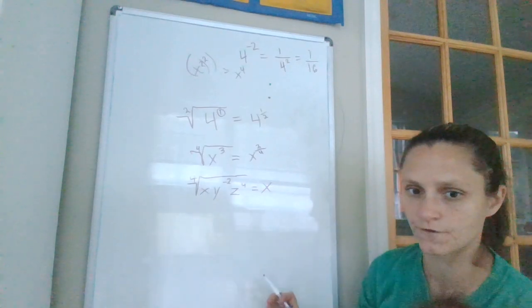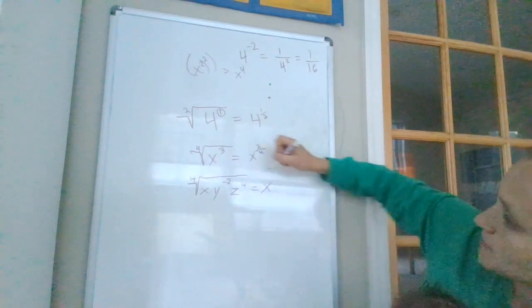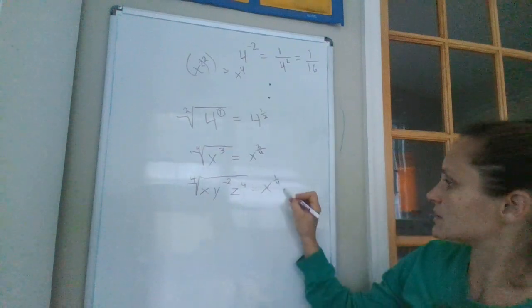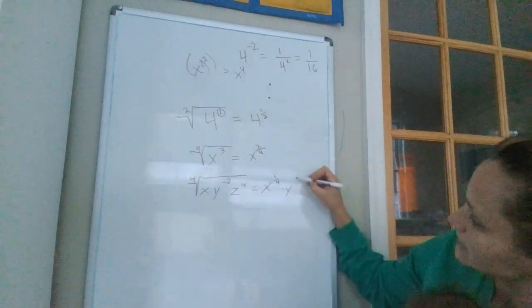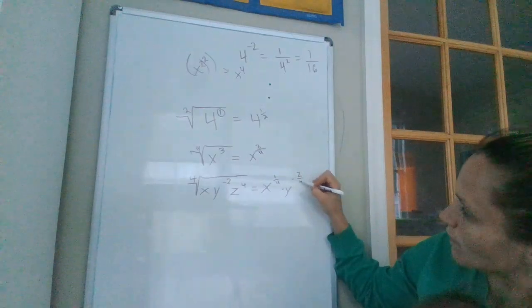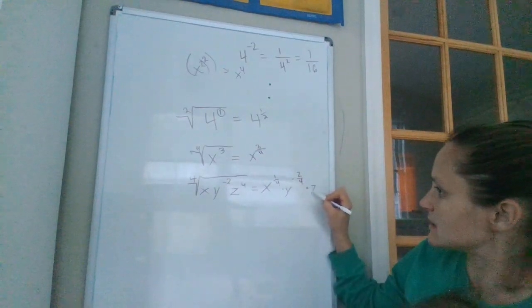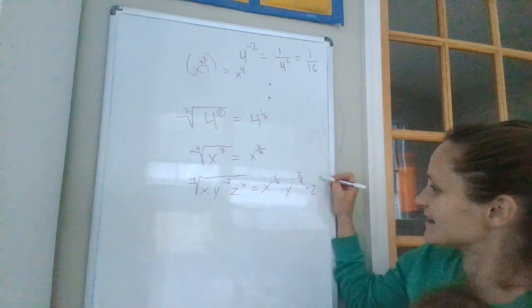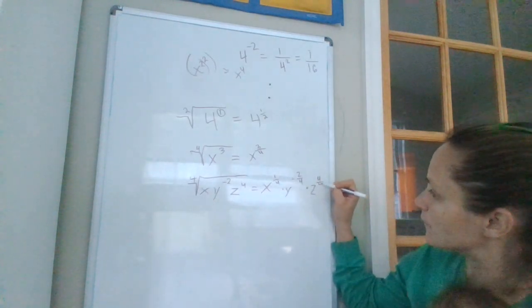It doesn't just go to the front number. So this is going to be x to the 1/4 times y to the negative 2/4 times z, making sure it's still on the screen, z to the 4/4.